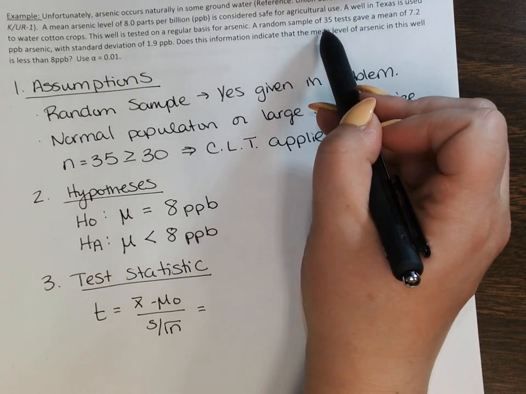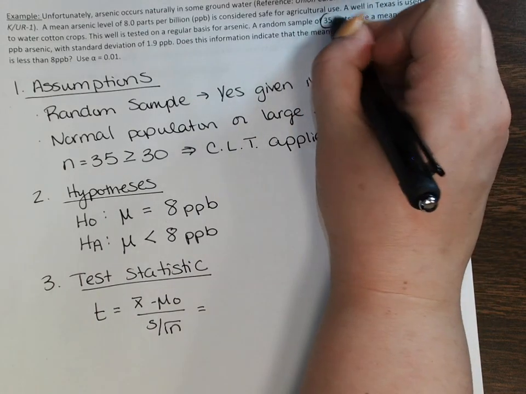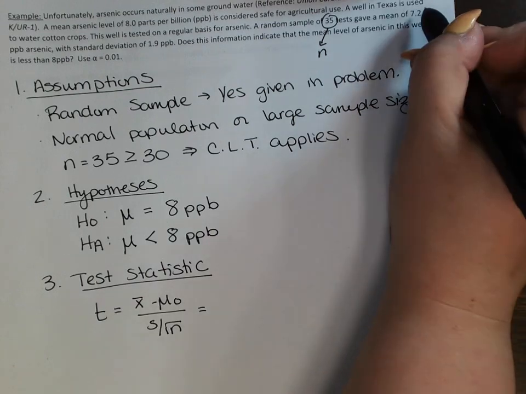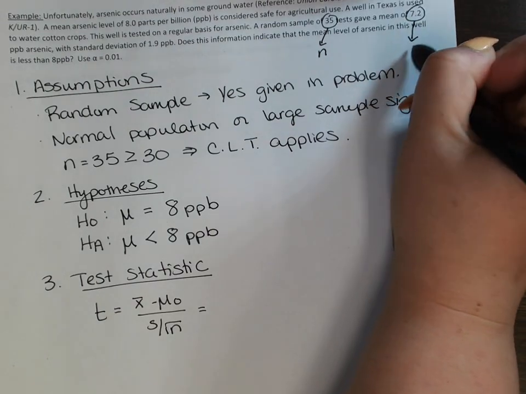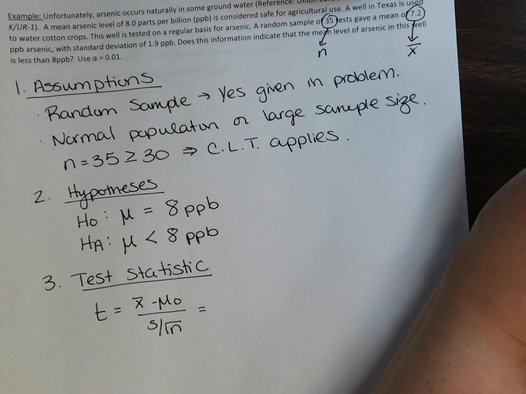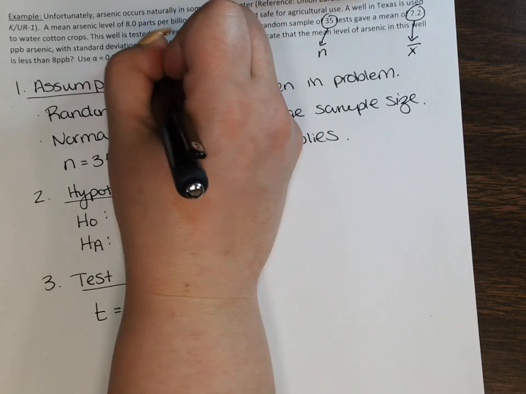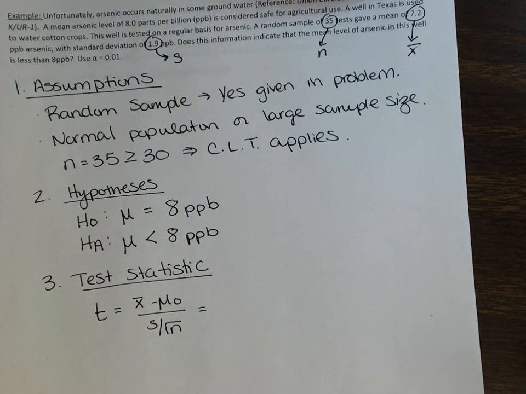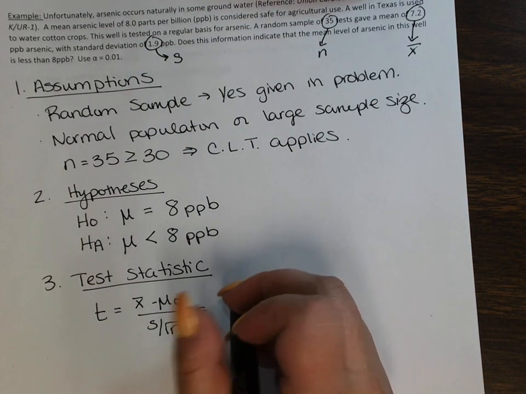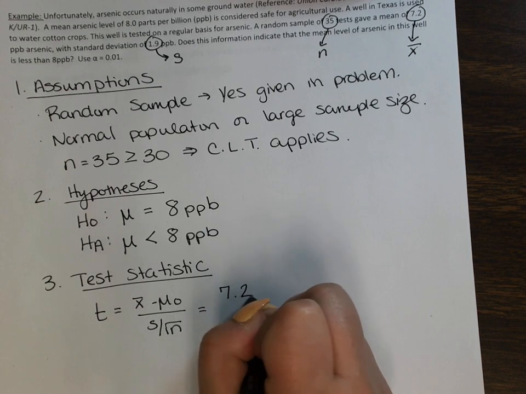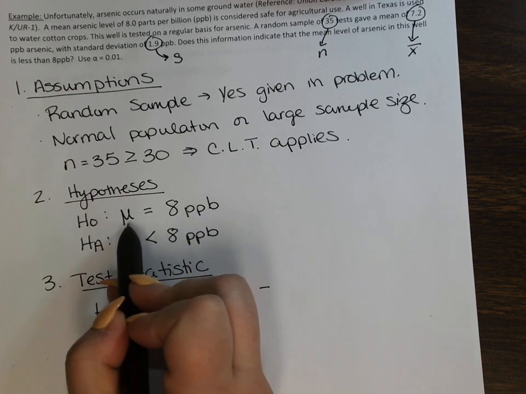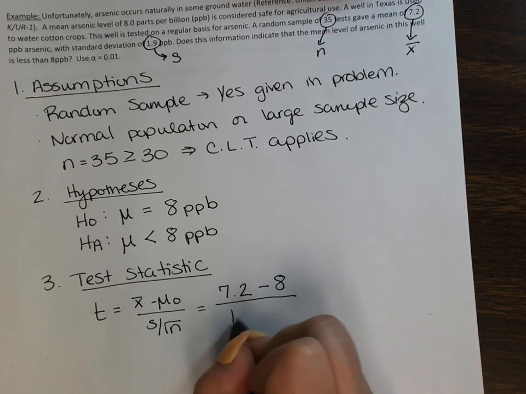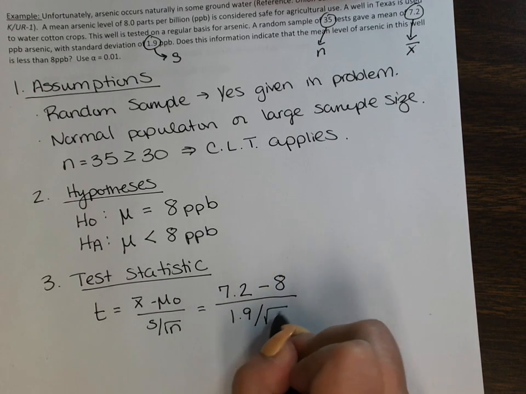So notice up here, we're told that a random sample of 35 tests, so 35 is our sample size, gave a mean of 7.2 parts per billion, so that 7.2 is our x bar, with a standard deviation of 1.9 parts per billion. So notice the 1.9 is our sample standard deviation. Filling in the pieces down here, we have x bar is 7.2. Under the null hypothesis, mu is equal to 8, divided by 1.9, divided by the square root of 35.